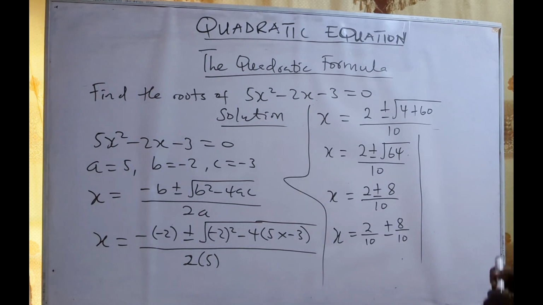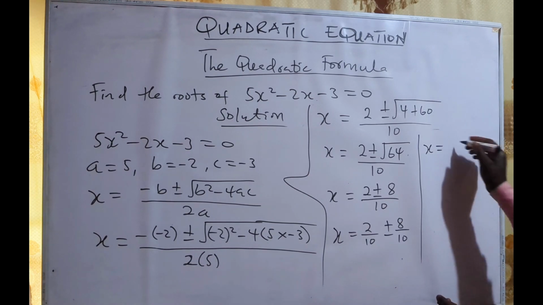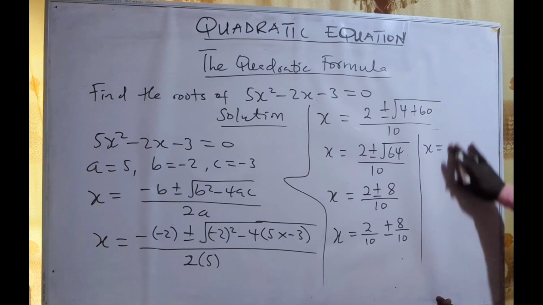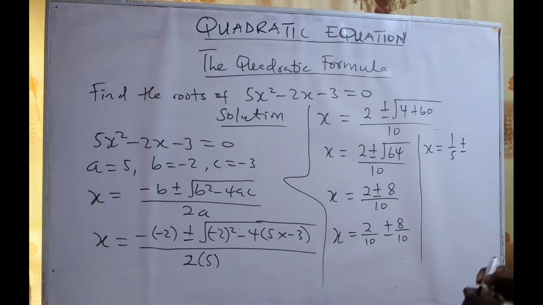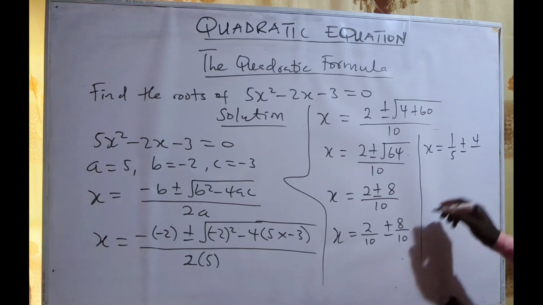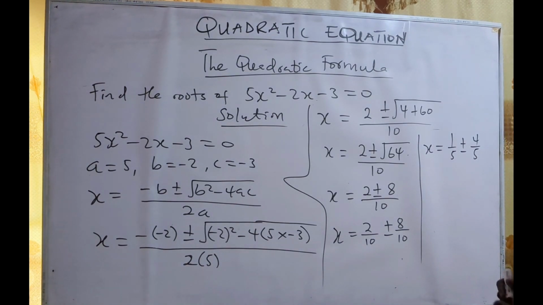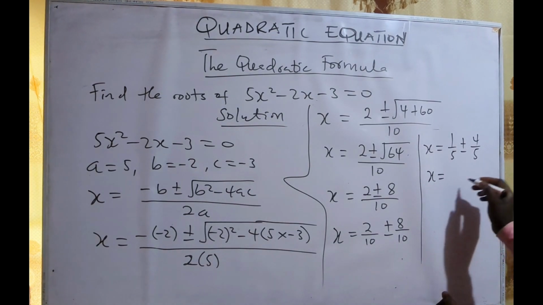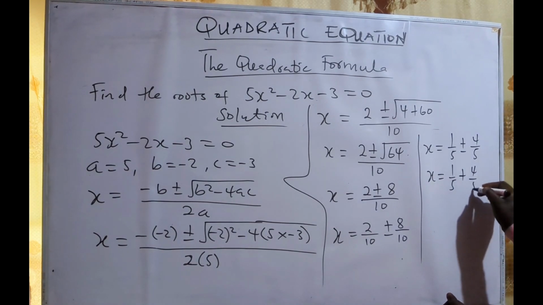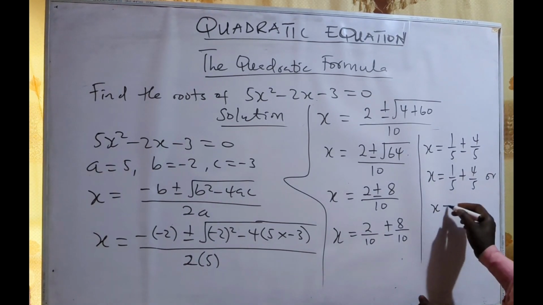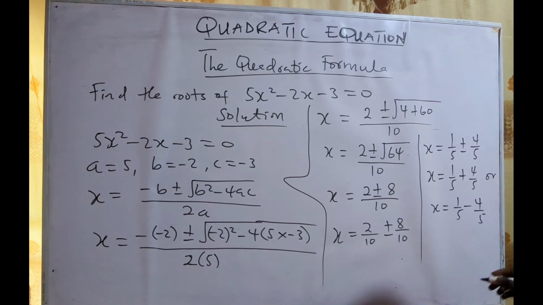So what will be my x? My x will now be equal to 2 over 10 will give me what? 1 over 5. 1 over 5 plus or minus 8 over 10 will give me 4 over 5. Alright, so this is what I'm going to have. So either my x is equal to 1 over 5 plus 4 over 5, or my x is going to be 1 over 5 minus 4 over 5.